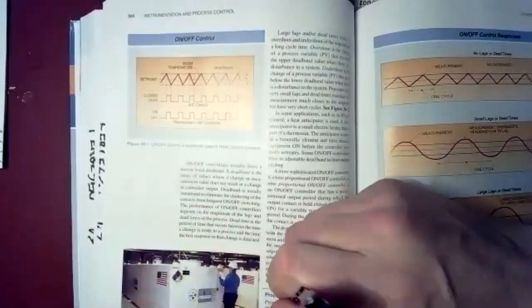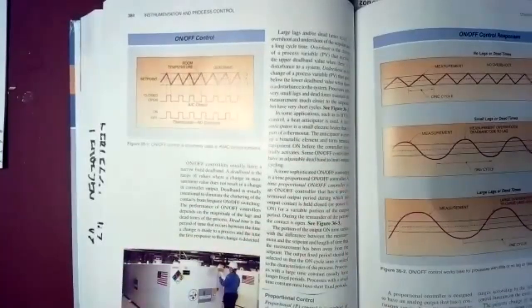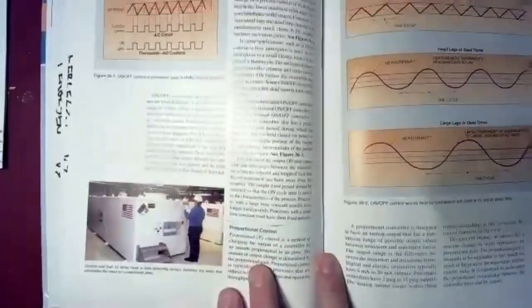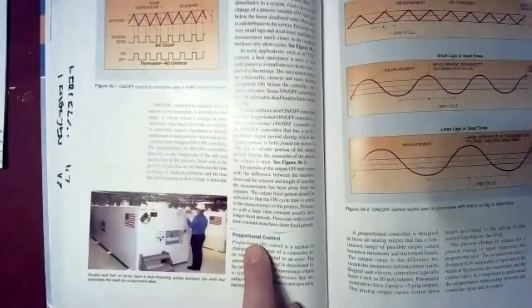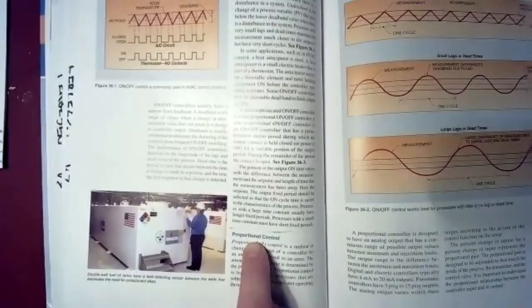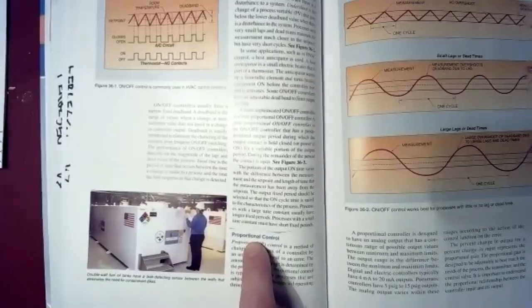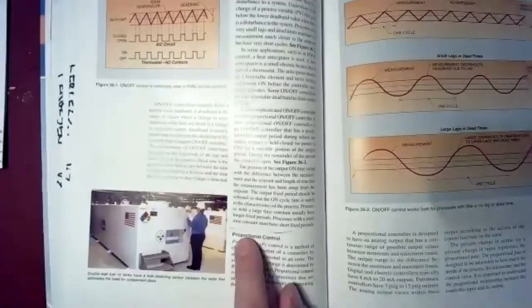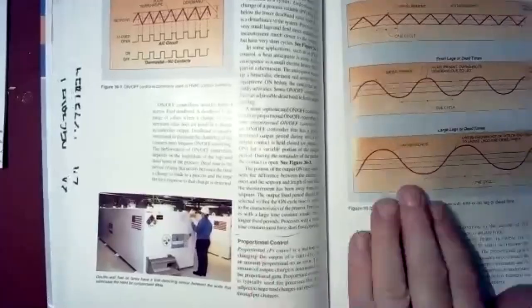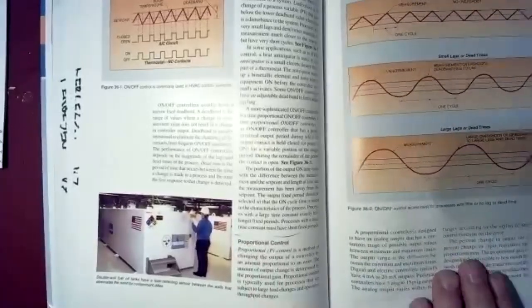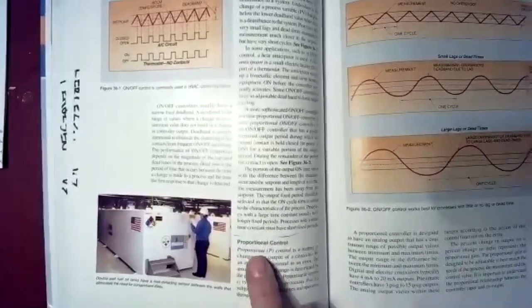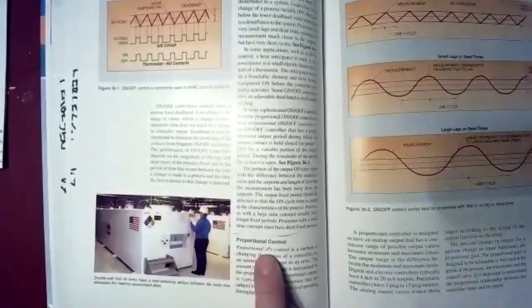Next, starting here at the bottom of page 384, we start getting into a different kind of control. We're outside the range of on-off. Now, with your control variable, we assume you can adjust it a little at a time. So I have the ability to do proportional control.